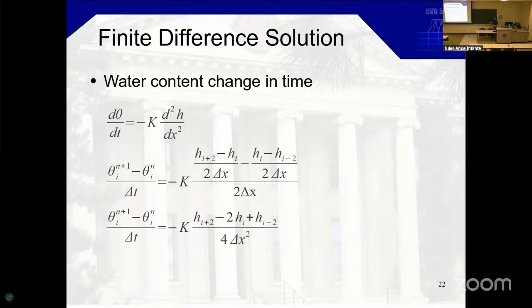That's why we skip +1 on this one, we have +2 and it has HI, this has HI -2, because I was trying to do that central difference centered there.